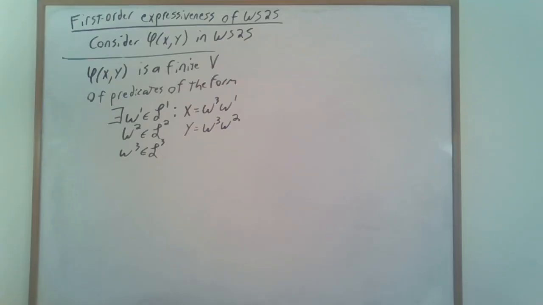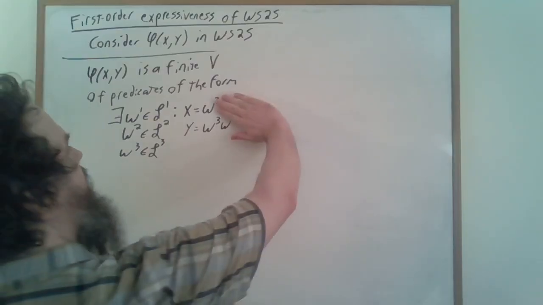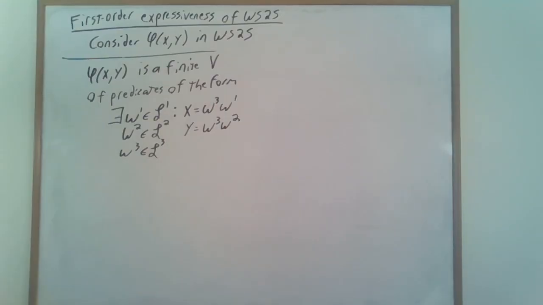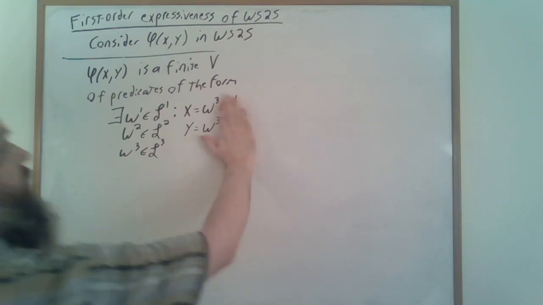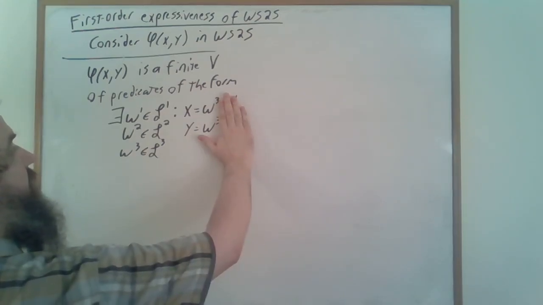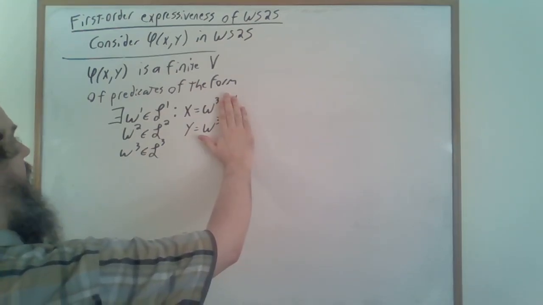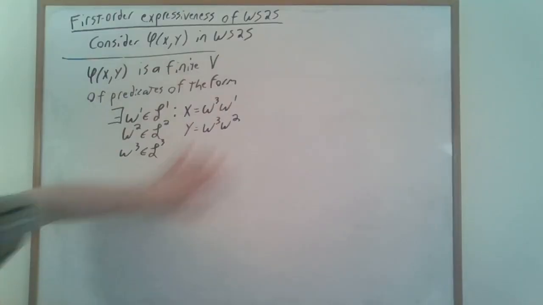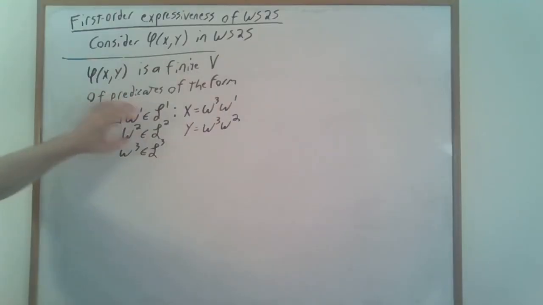Right, the special cases that we got out of our templates are actually coming from, well, if L1 is just the language containing the empty word, then this looks like this. X is a prefix of y. And if L1 and L2 are both languages just containing the empty word, then we're looking at a situation like this, where x is equal to y. So we fully classified the predicates in weak S2S that take in 2 first-order elements.